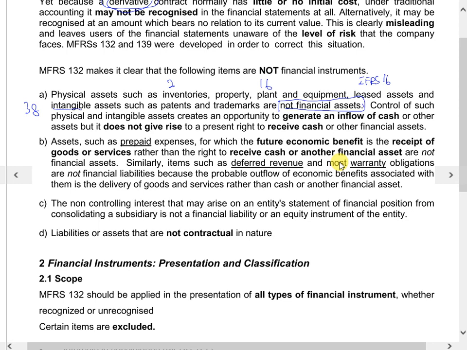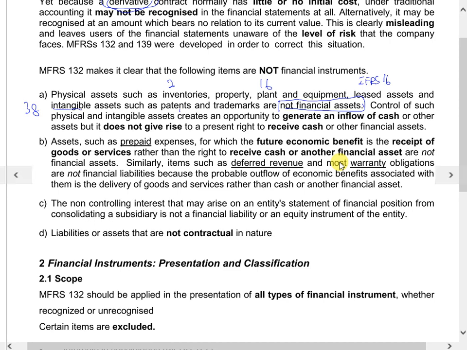What is a financial asset? It's cash, it's a receivable, or you have a contractual right to receive cash. If it is inventory, do you have a contractual right to receive cash? You buy inventory, then suddenly every year you get something in return, cash? No. You must sell it before you get back the cash.